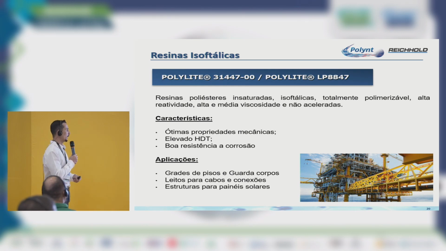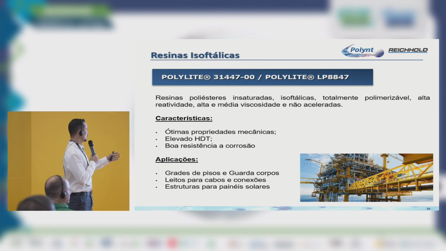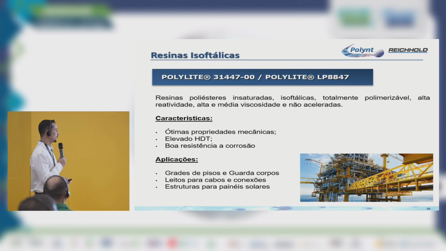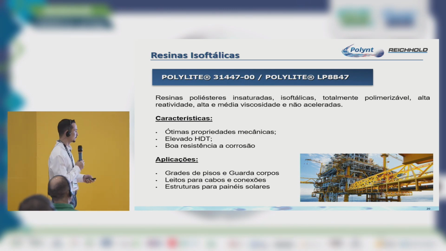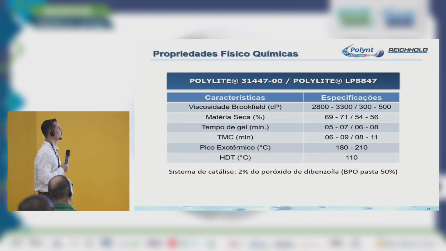They're used widely in aggressive settings, for example for acid or base media, for example guardrails and railings, beds for cables and connections, and also the structure for solar panels.